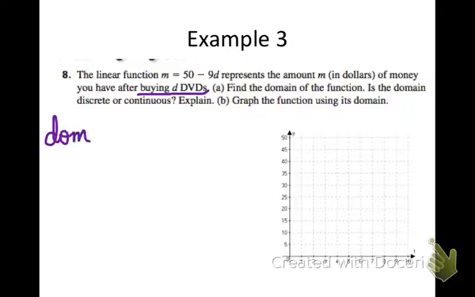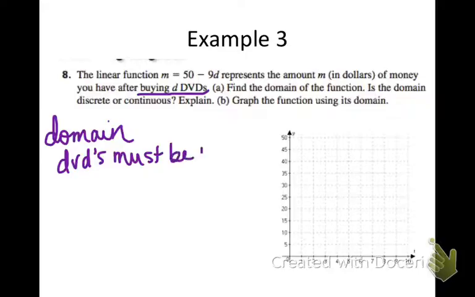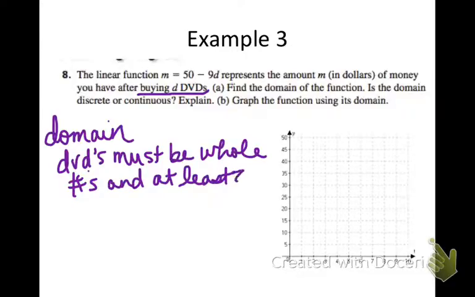So we can make the domain a set of numbers, right? Because DVDs must be whole numbers and at least 0, meaning a negative number of DVDs wouldn't make sense.